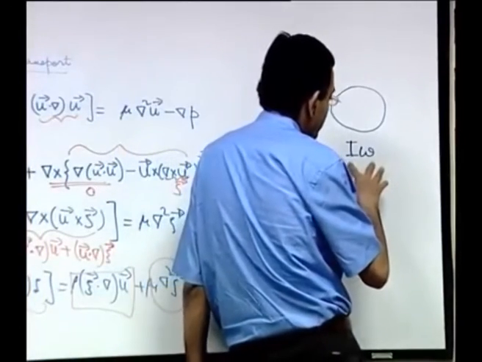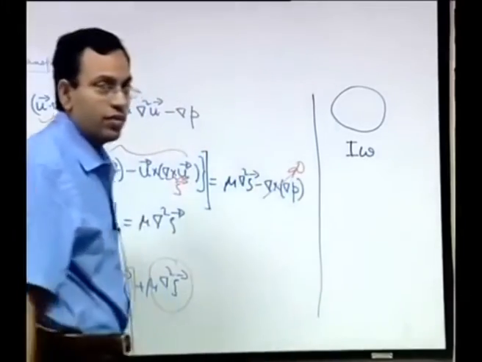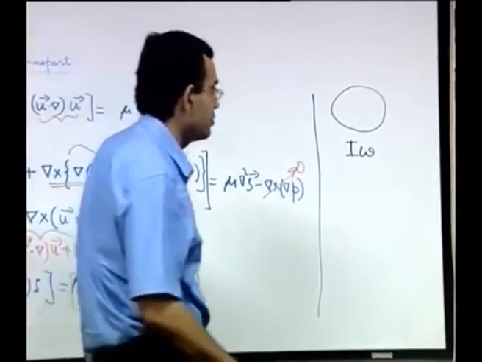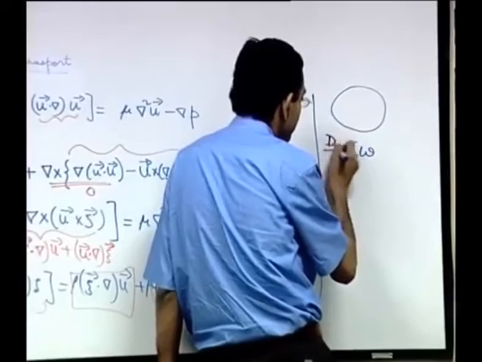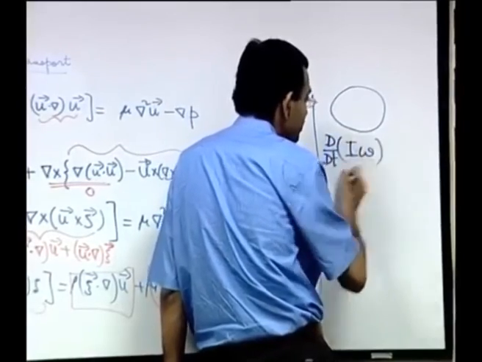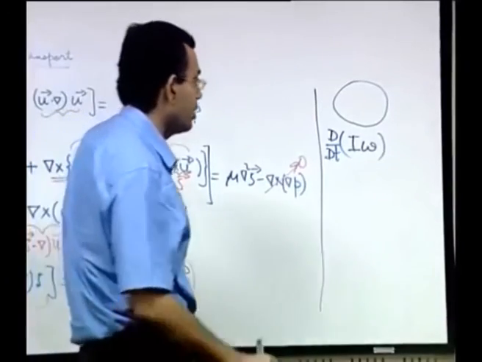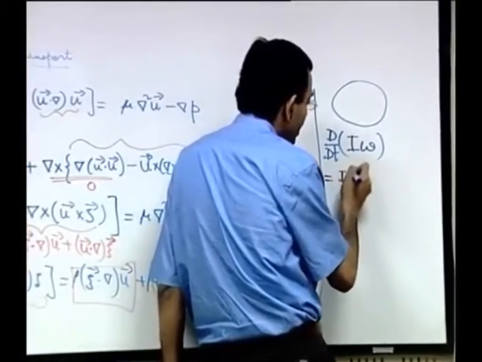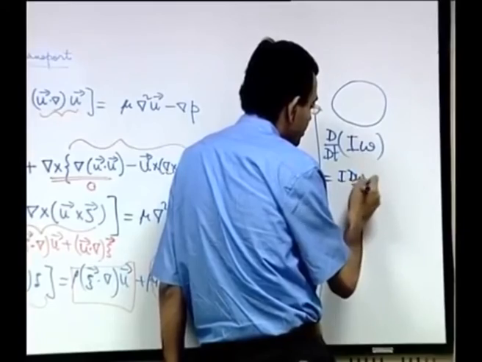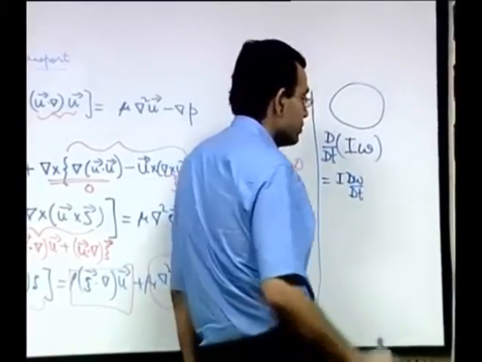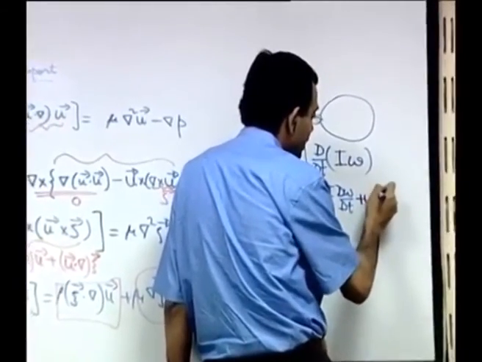Now if you consider d dt of I omega, this is I d omega dt plus omega dI dt.